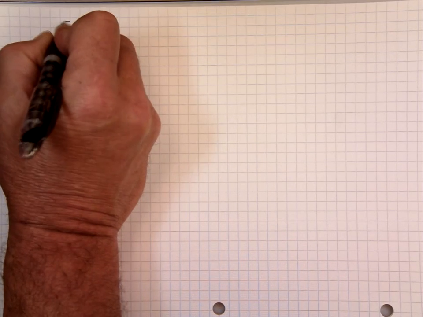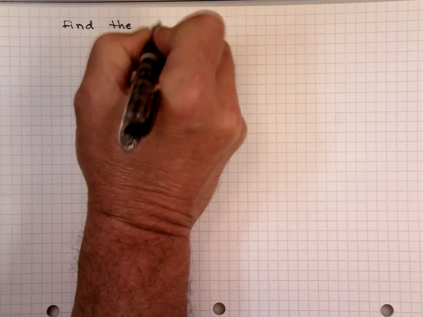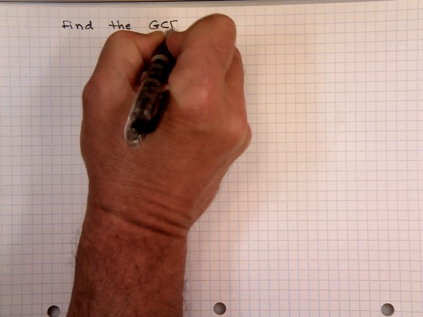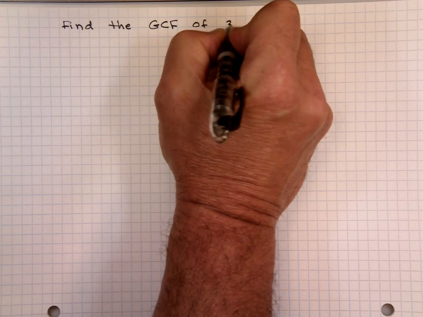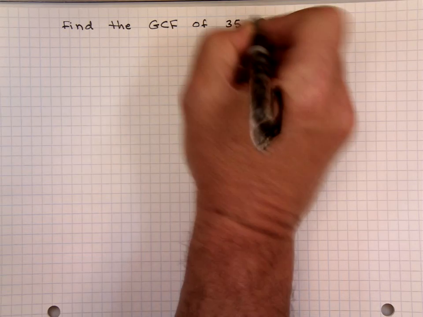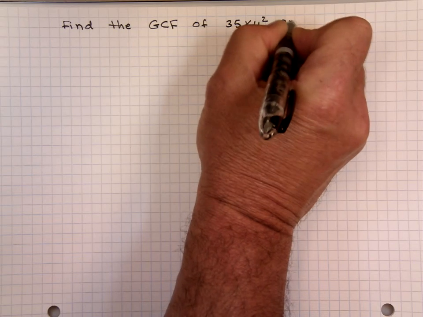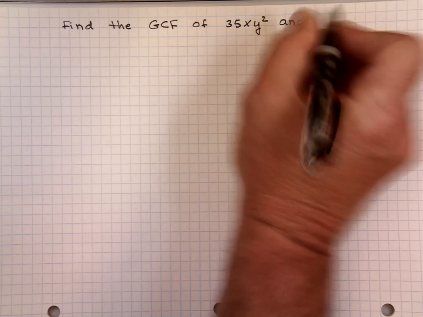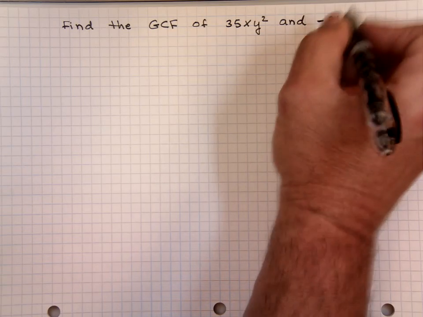Find the greatest common factor of 35 x y squared and negative 21 x squared.